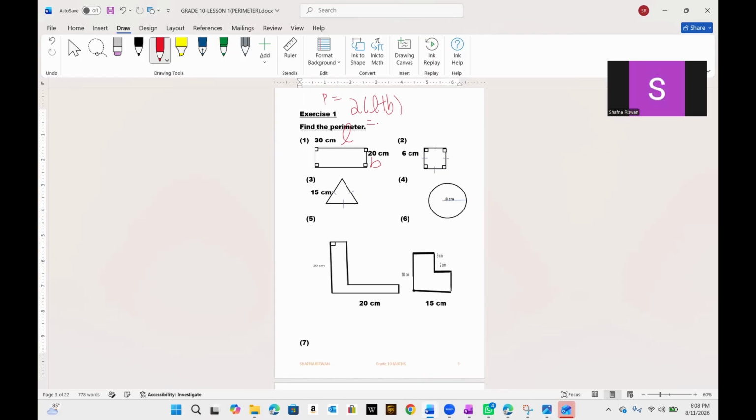Right? Then what is L here? 30 centimeters. So put 30 here, and then you have to add the breadth. What's the breadth here? It is 20 centimeter.